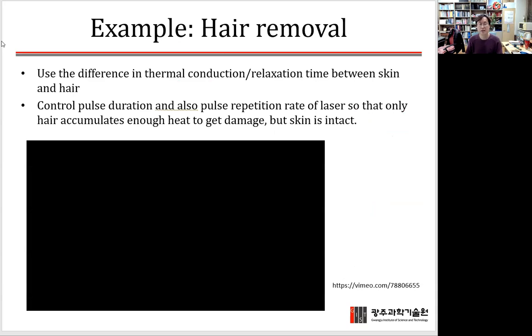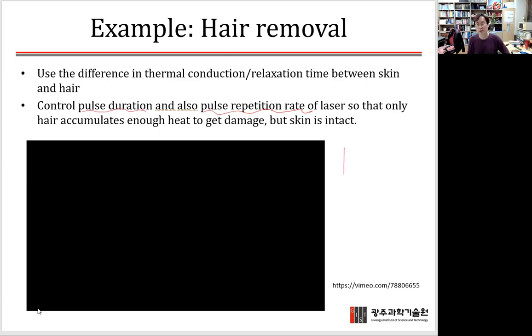So let's take a look at this hair remover example, and then you can maybe understand much better. So this is using the difference in the thermal conduction or relaxation time between the skin and hair. By controlling the pulse duration time itself, and also by controlling the pulse repetition rate, which is related to the time between the pulses.